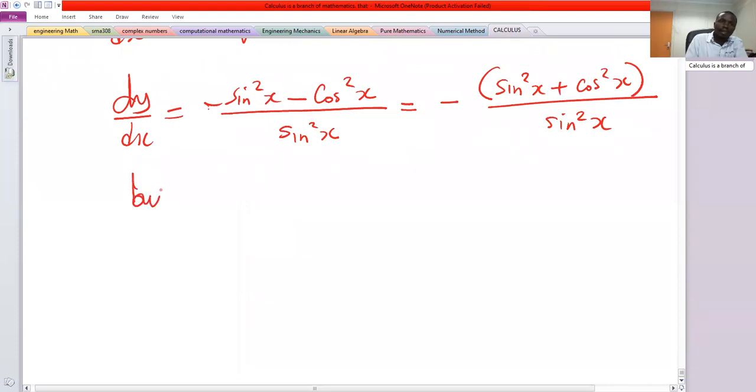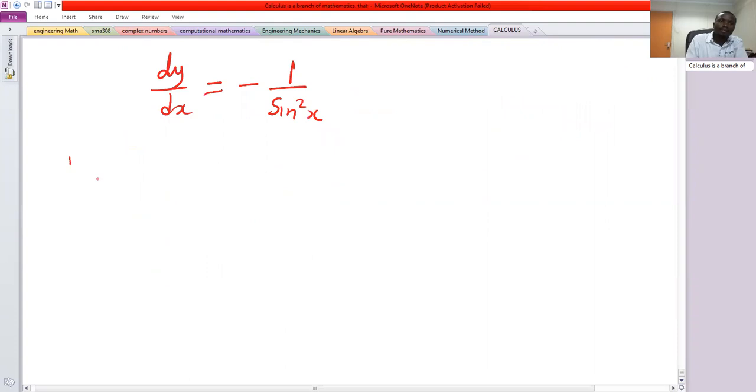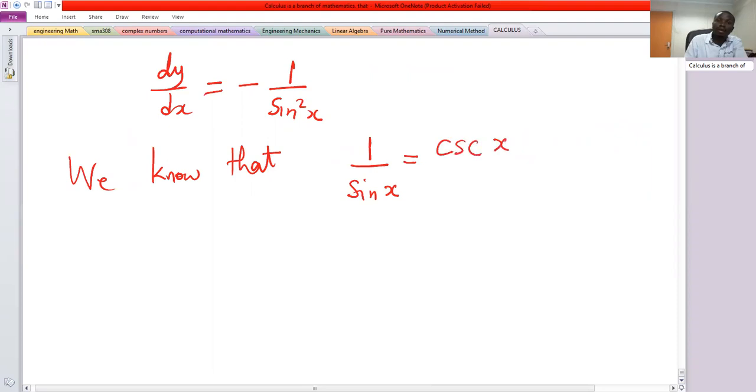But sine squared x plus cos squared x is 1. So this implies dy dx will be negative 1 times 1 over sine squared x. And we know that 1 over sine x is the same as cosec x.